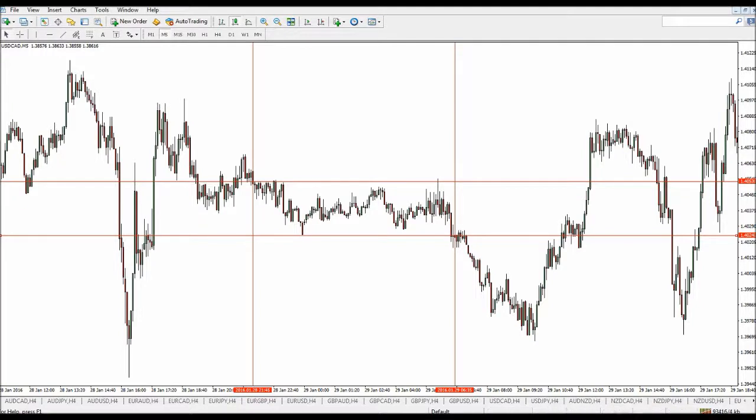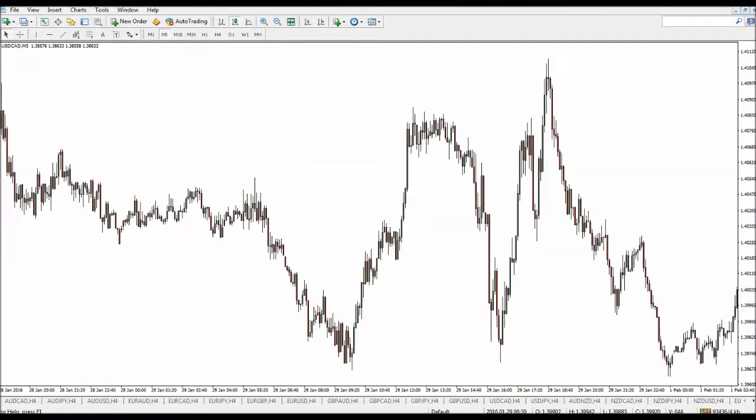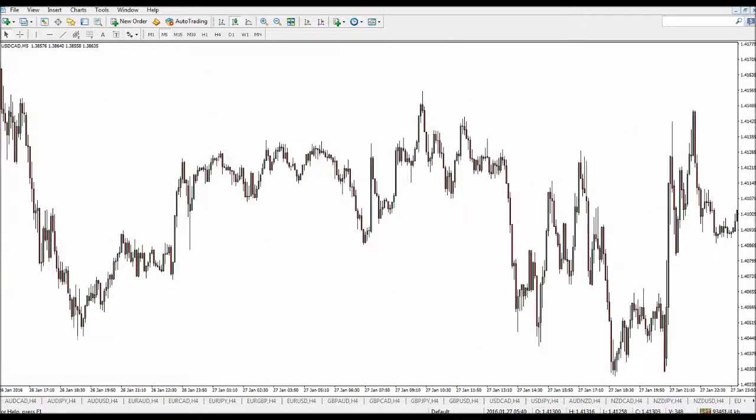But something like this, price is moving in a sideways direction. We're not really going anywhere. As mentioned in the previous video, the best thing for you to do is to look at charts yourself and try and identify these things, as well as rereading the lessons at technicalforex.com and rewatching these videos. But that's a ranging market.